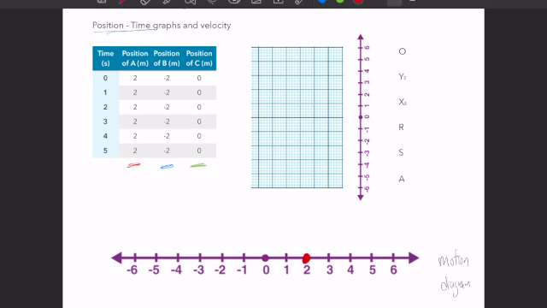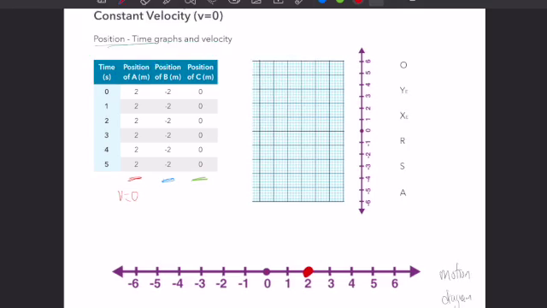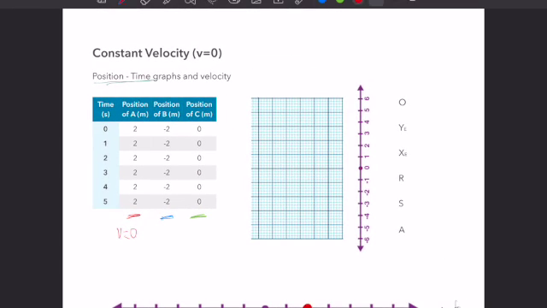And a second later, it was at position 2 again. Oh my gosh, it remained at position 2. Well, the one thing we would notice about this is we would say that the velocity is 0. Constant velocity. Yeah, it stayed 0 the entire time. So one thing that's not obvious is that constant velocity can be 0 velocity.